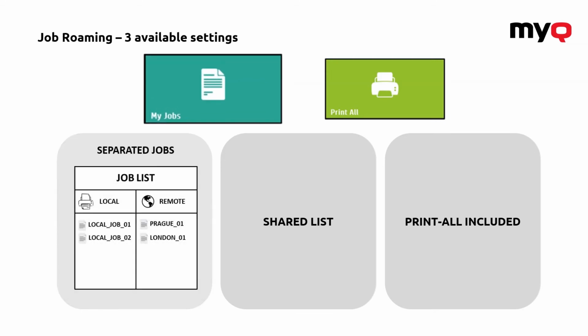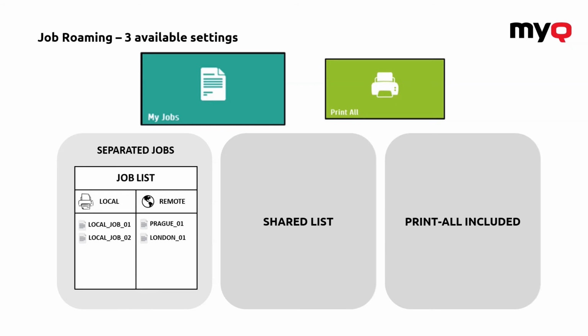We will start with how the system behaves when it comes to job management if you press the My Jobs button. As you can see, now there are 2 lists of jobs. When you get to the My Jobs button, you'll automatically get all your locally stored jobs, which is the column on the left.